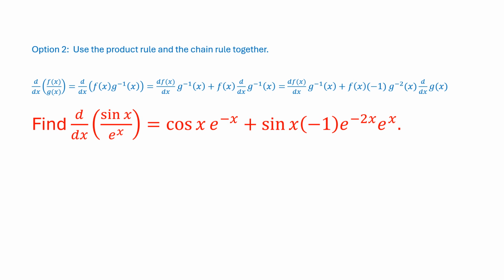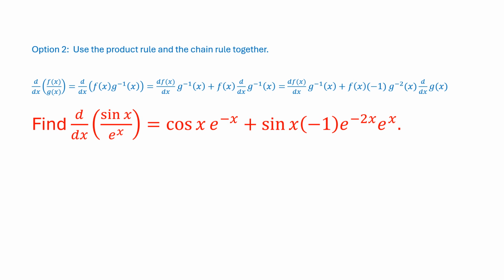And here we have e to the x to the negative 1 power, g to negative 1, plus the numerator, sine x. And when we take the derivative of e to the x to the negative 1 power, we get negative 1 e to the negative 2 power times the derivative of e to the x.